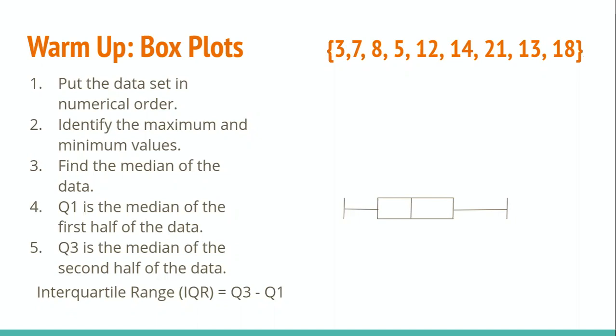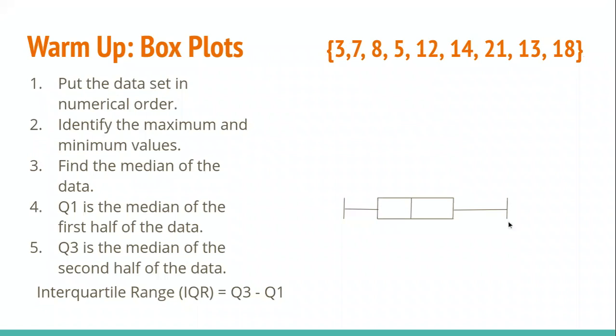So now, in your box and whiskers, once you put the data set in order, the minimum is your left whisker, and the maximum is your right whisker.